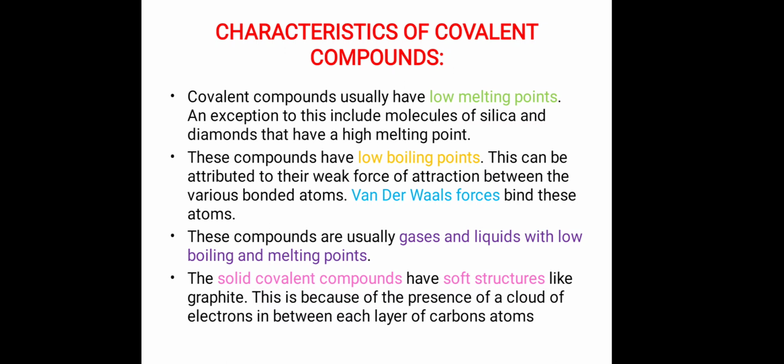These compounds are usually gases and liquids with low boiling and melting points. Solid covalent compounds have a soft structure like graphite. This is because of the presence of a cloud of electrons between each layer of carbon atoms.